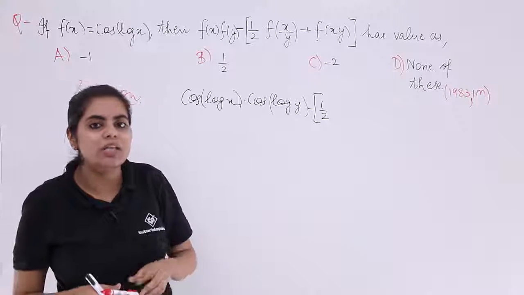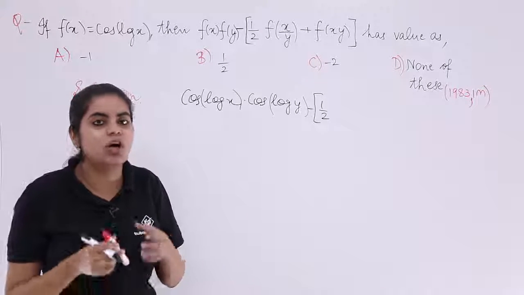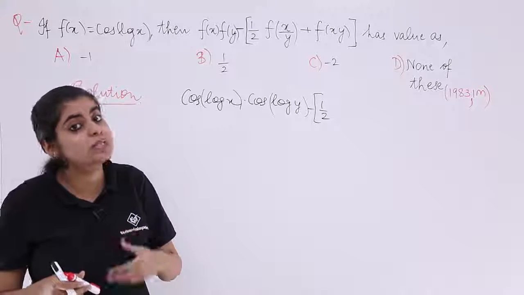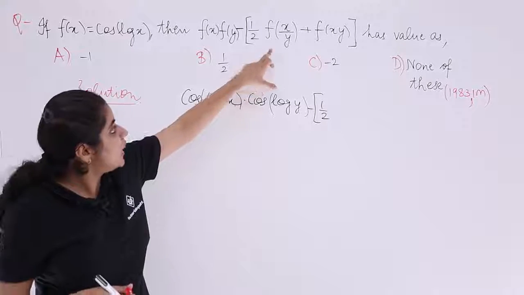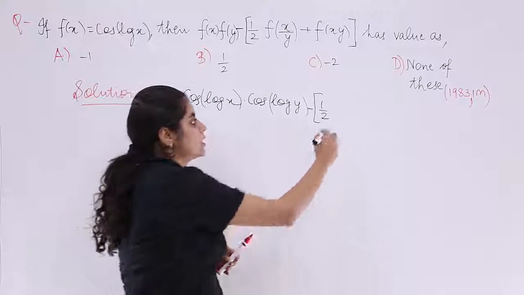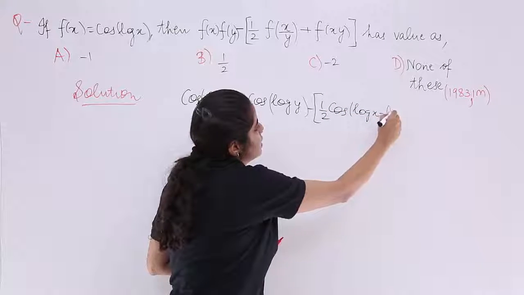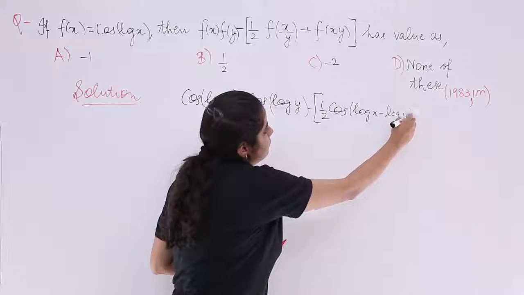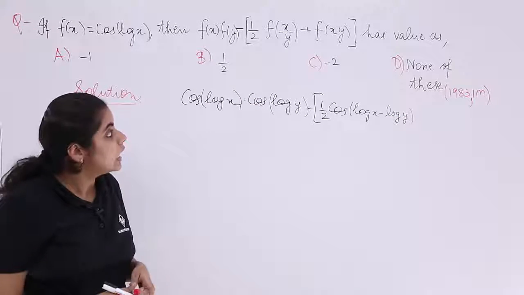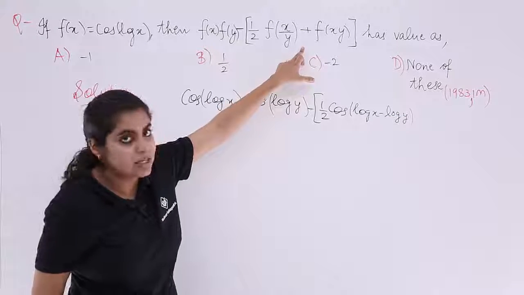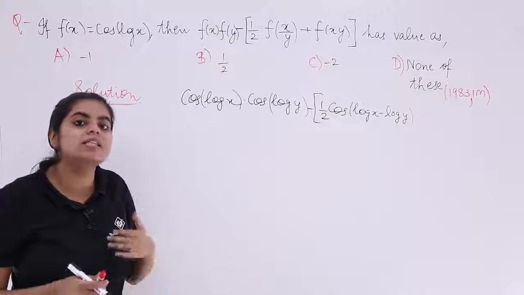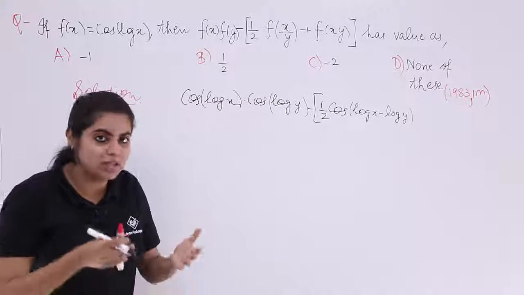Now, what is log m upon n? It is log m minus log n. So, we will be using that concept. f(x/y) means cos of log x minus log y. And next is plus f(xy). Now again, what is log mn? It is log m plus log n.